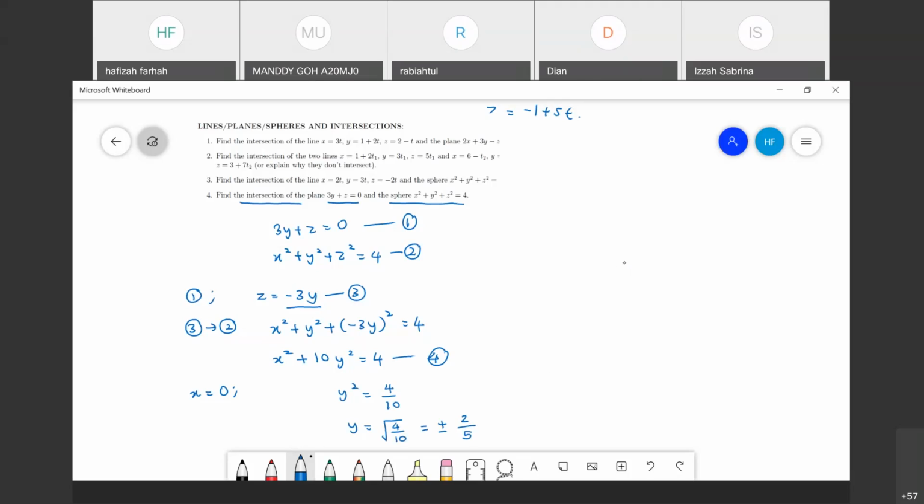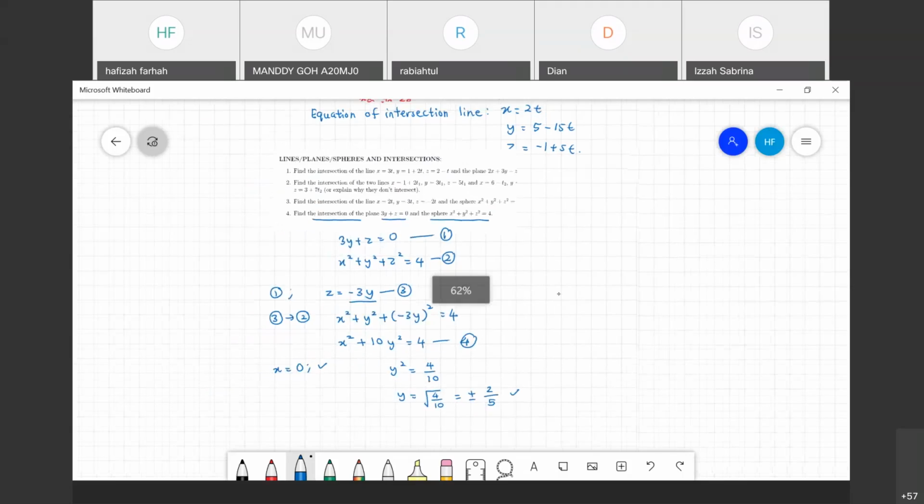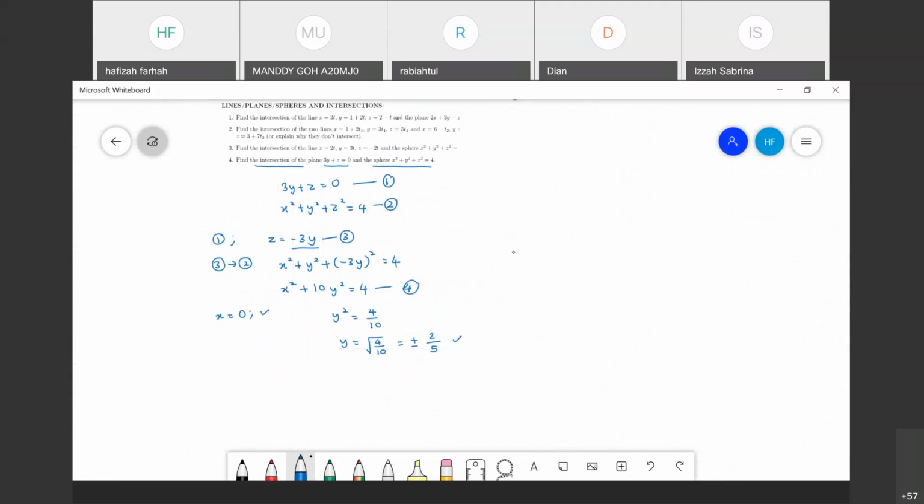So we have x, y. Then we want to find the value of z, so we just substitute our value of y into z. Here we have z equals to negative 3 times y.